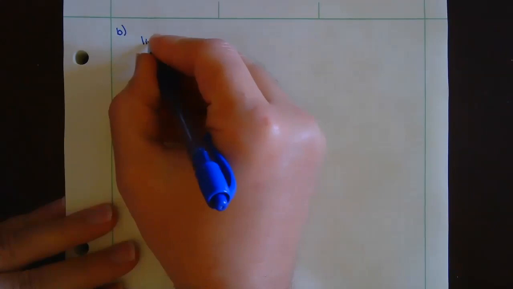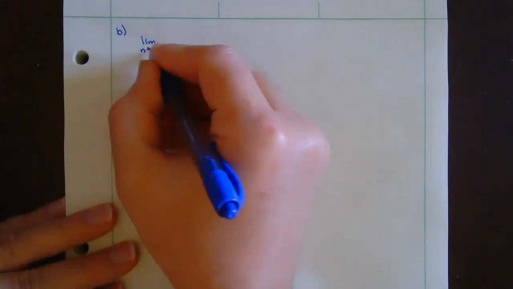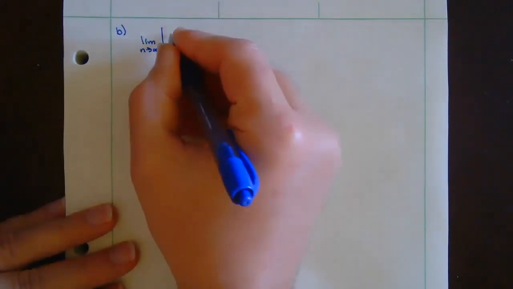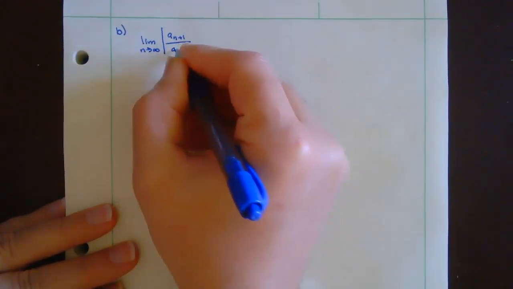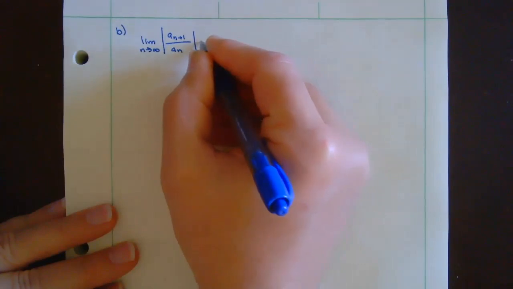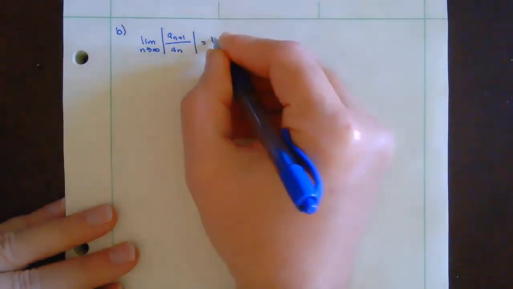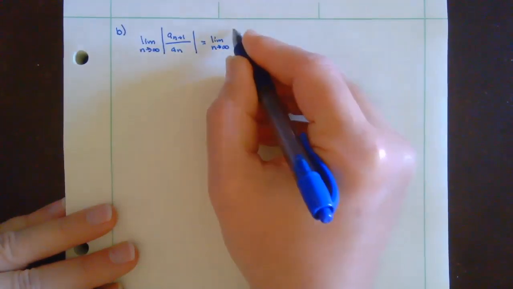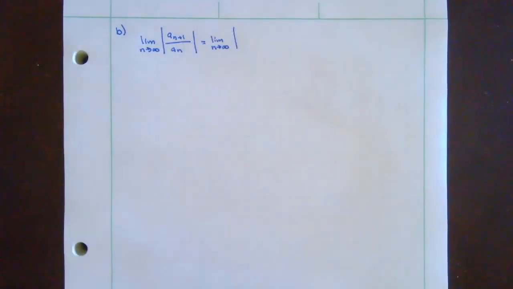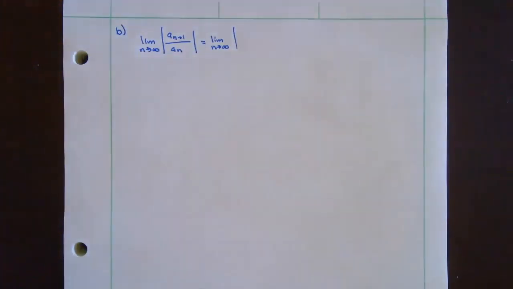So we need to find the limit as n goes to infinity of the absolute value of a sub n plus 1 over a sub n. Okay, so that's the limit as n goes to infinity of the a sub n plus 1, right? So that's the general term, and n plus 1.